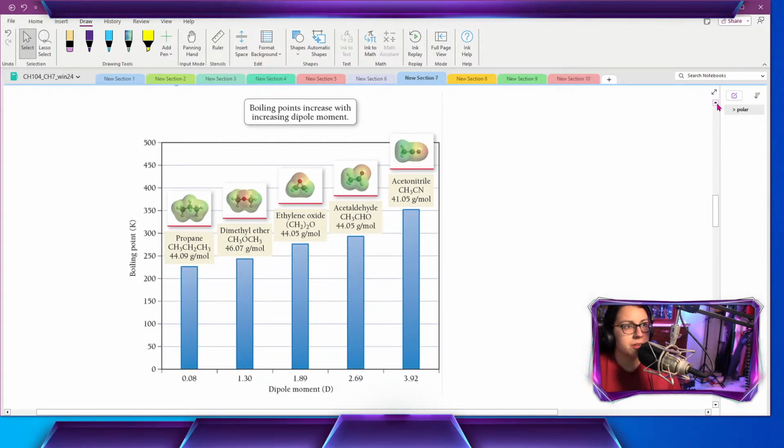So we'd also mention that the dipole moment, so how polar it is, matters. So that's what's being shown in this graph. And so let's just appreciate it. So propane here is pretty much non-polar. So it has a dipole moment of 0.08.